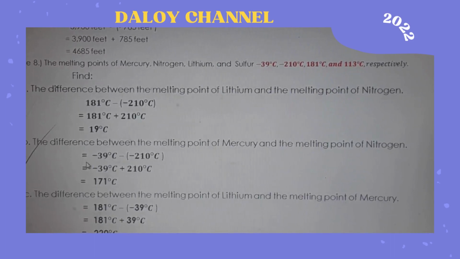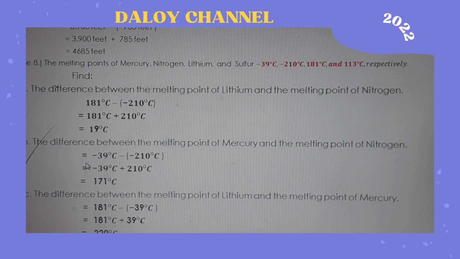For letter B, we are required to find the difference between the melting point of mercury and the melting point of nitrogen. For mercury, we have negative 39 degrees Celsius to be subtracted by the melting point of nitrogen, which is negative 210 degrees Celsius.